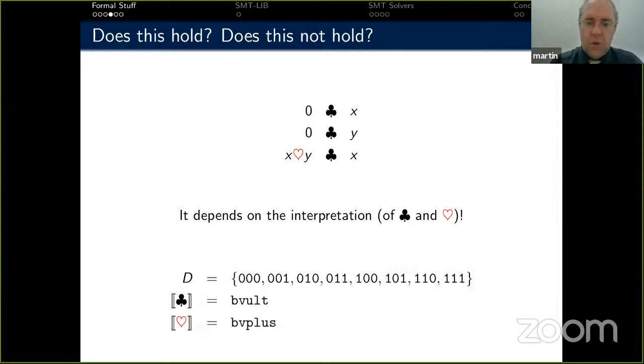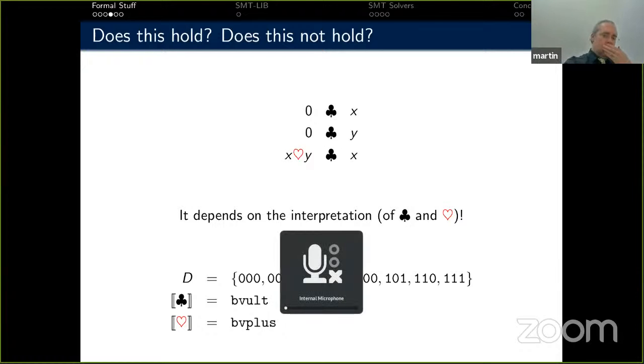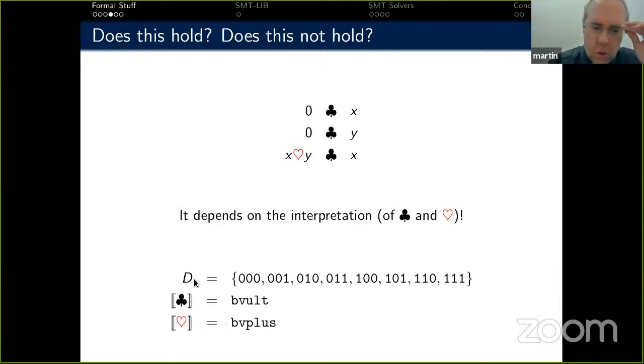However, if we're talking about a different interpretation, one where the domain is bit strings, say 3-bit bit strings, and our predicate is an unsigned less than. So 0 is less than 1, is less than 2, is less than 3, is less than 4, 5, 6, 7. And we pick our heart symbol to be a bit vector plus.